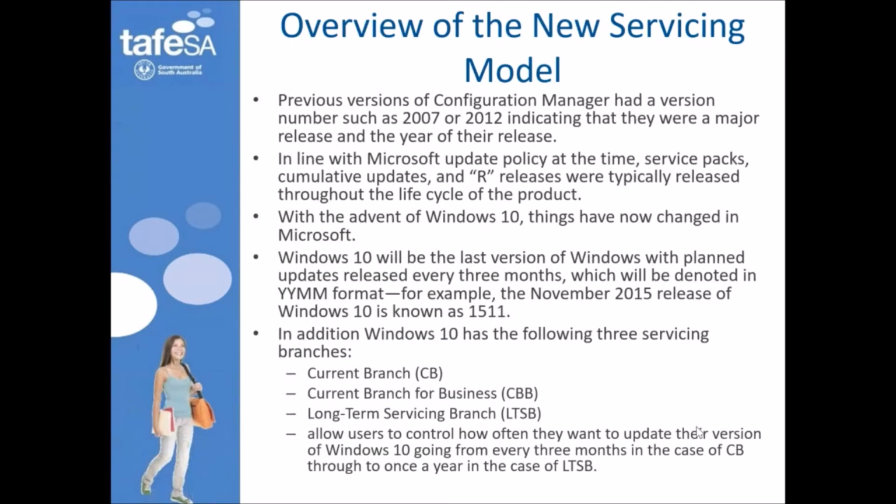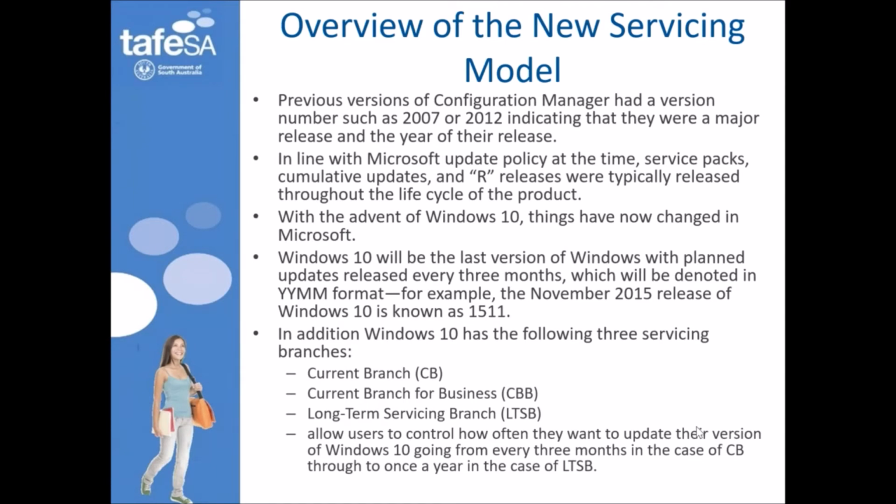So let's have a look at the servicing model. We briefly spoke about it already. Before, previous versions of Configuration Manager had a version number such as 2007 or 2012, indicating there were major releases in the year of their release.